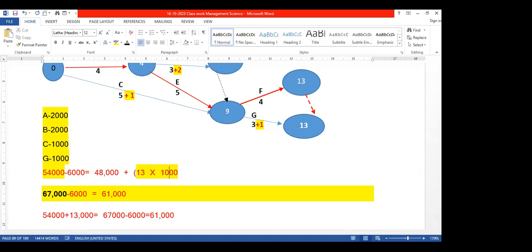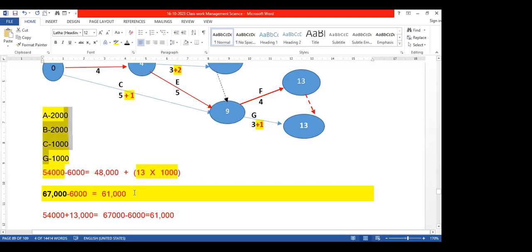So now the total cost becomes 61,000. Otherwise, directly from 67,000, you can minus this 6,000. That is also 61,000. So anyway, you can do it, no problem. 67,000 minus 6,000, this adjustment of 6,000, then that becomes 61,000. So in both ways, we can calculate.